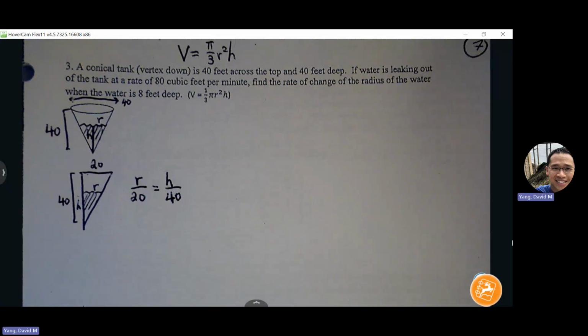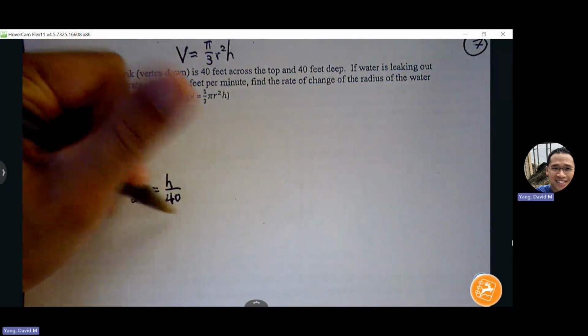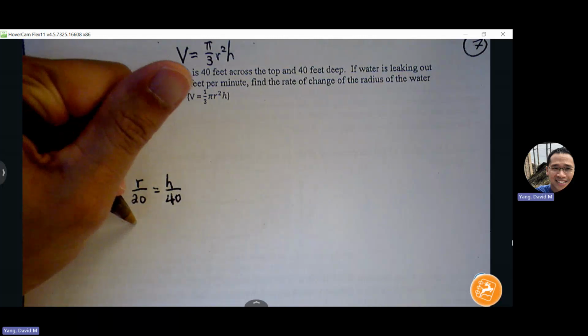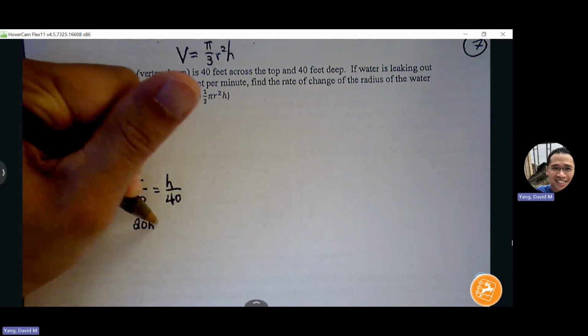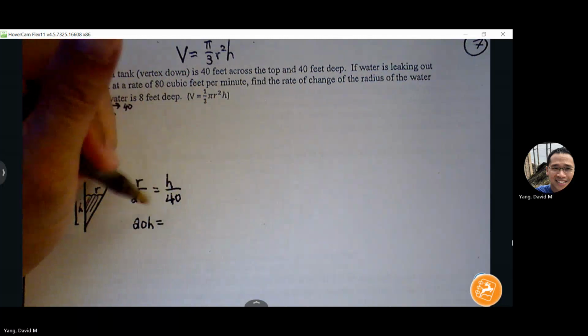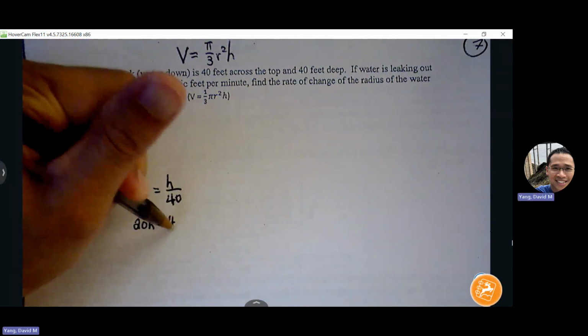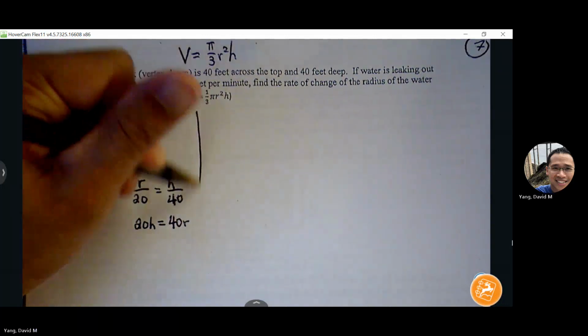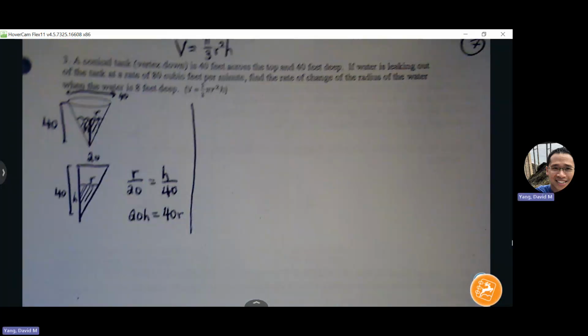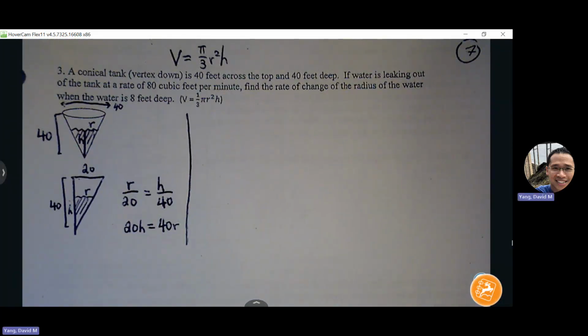I'm going to cross multiply here so we can get the fractions out of the way. But I still don't know whether to solve for R or to solve for H, but we can make that decision later. But so far, we've gotten to the point where we can easily adapt to whichever variable we want to solve for, either H or R.